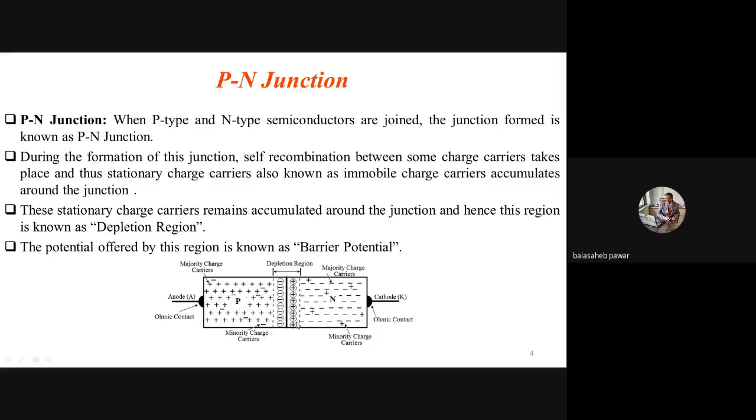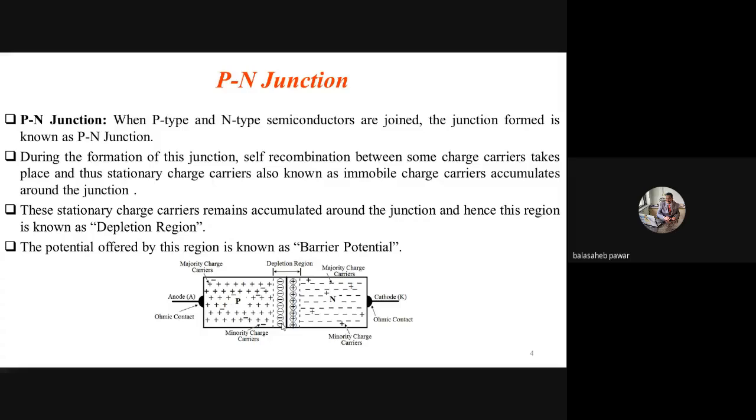Similarly, electrons migrate from n-type to p-type and recombine with the holes close to that junction, and again a stationary negative charge accumulates. So the charges I showed by circles are known as immobile charge carriers. Immobile means stationary, and if you observe, they act as a wall around the p-n junction. Is it okay?